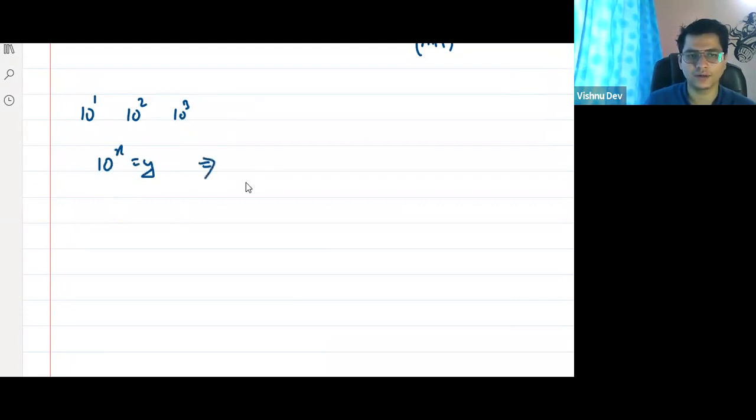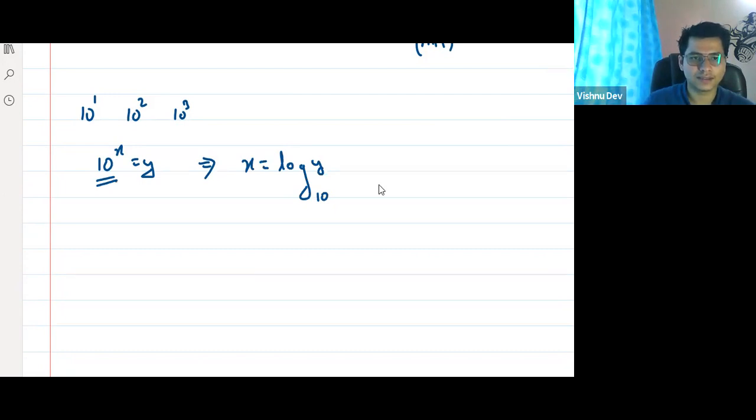Yes. So I can write x is equal to log y with base 10.